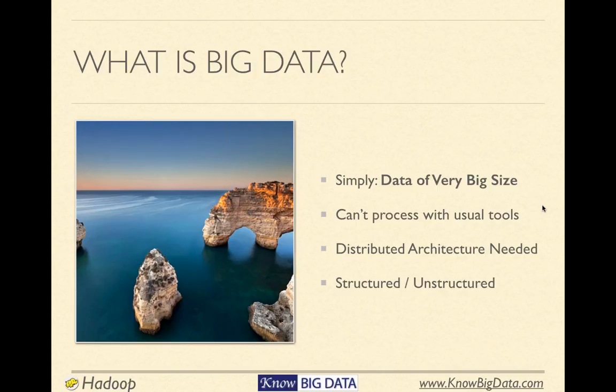What does distributed architecture mean? Something that runs on multiple computers simultaneously to solve a problem. So the computation is being run on a multitude of computers at the same time. That is what is called distributed architecture. Data could be of any form, structured or unstructured.